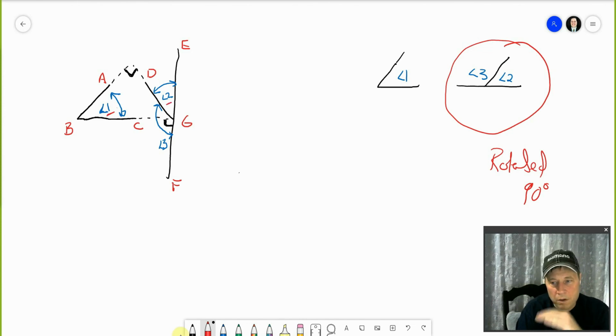Principles 4 and 5 only work when the lines are parallel to one another or perpendicular to one another. That's it. Any other angle, these principles don't apply. So if you can't identify two angles being perpendicular to one another, or if it's not called out that they're parallel, we don't assume.